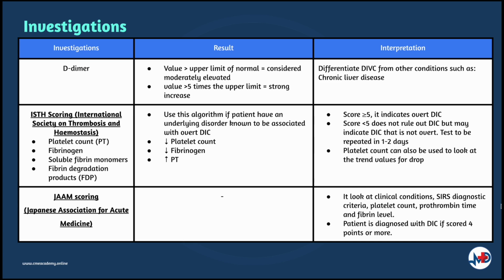D-dimer, which is a product of fibrin breakdown, can be used to differentiate DIVC from other conditions such as chronic liver disease, where there is low platelets with prolonged clotting time. Next up, imaging, which should be used as well in order to detect the underlying cause. Platelet counts are used to diagnose DIVC. It can also be used to look at the trend values for the drop from previous level, and prothrombin time can be used to monitor the progress of DIVC.